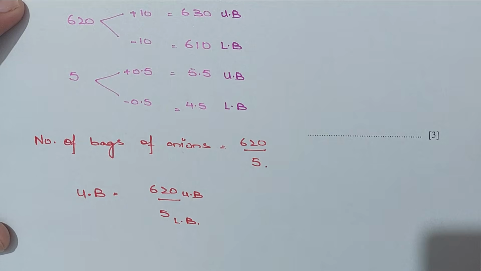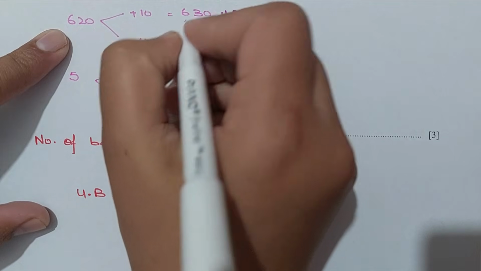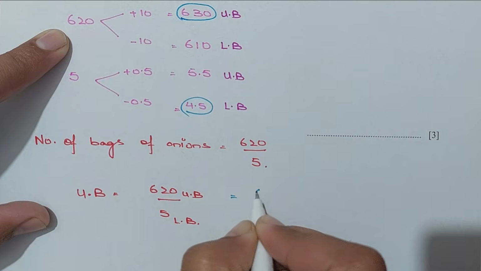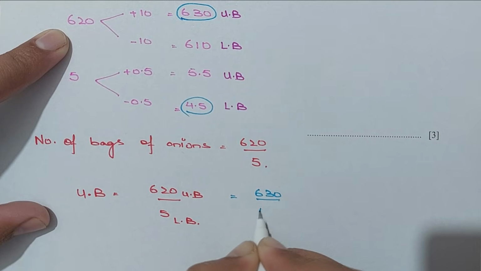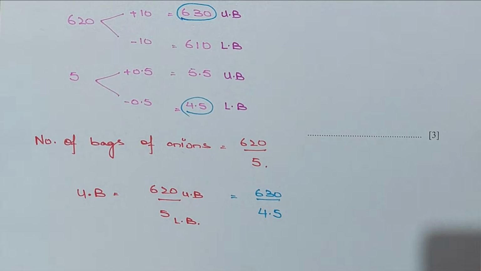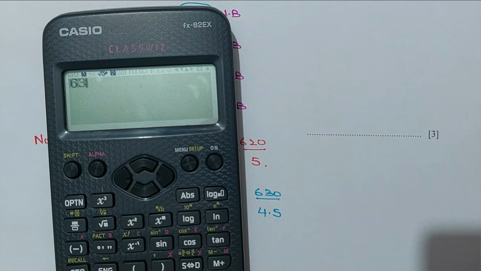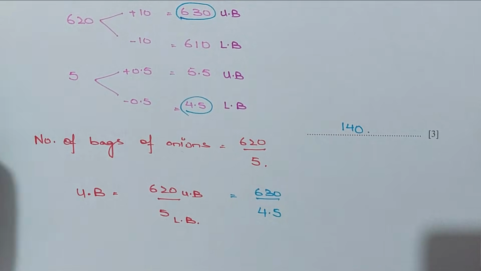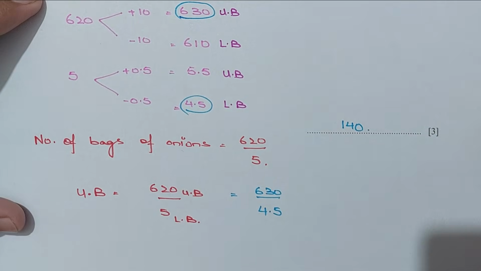All right, so the upper bound of 620 is this much and the lower bound of 5 is this much. So we have to divide 630 by 4.5, and the answer is 140. 140 bags of onions that he packs.